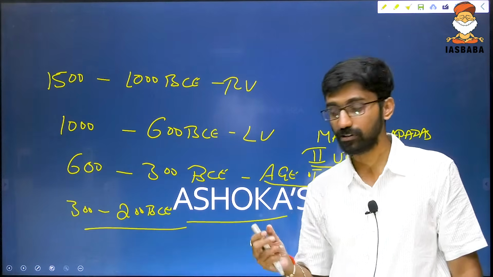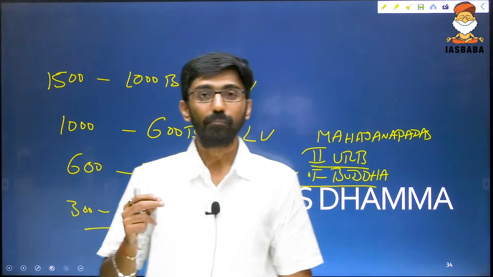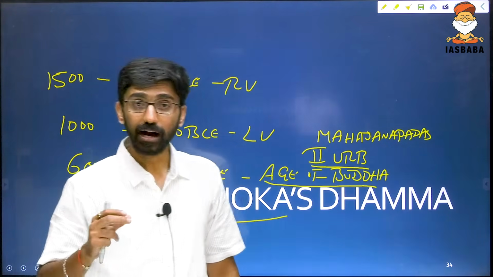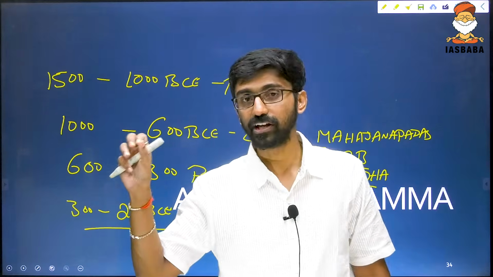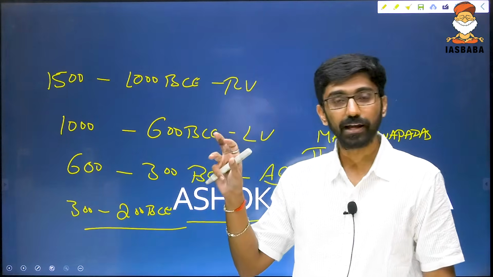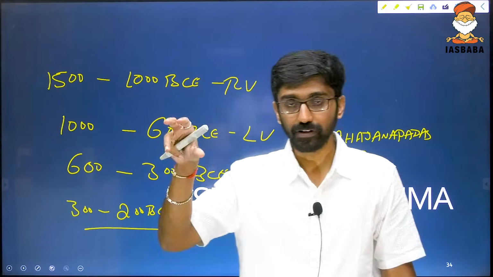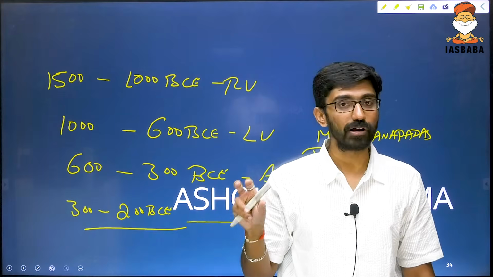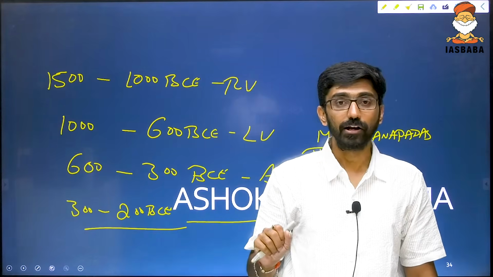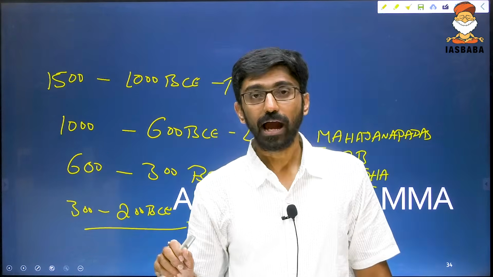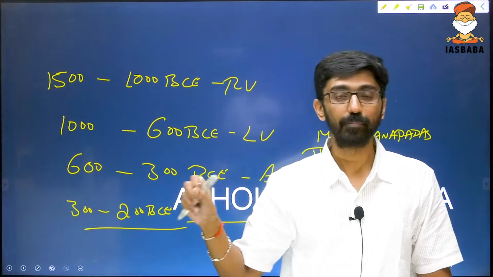At the same time, as I told you, it was also the second urbanization time period. Cities were growing, merchant life was increasing, agriculture was growing rapidly, especially in the Gangetic Valley, because we talk about dynasties like the Magadhan Empire. Of course, the Mauryan Empire is also a Magadhan Empire, because it was in the Magadha region that the Mauryan Empire got consolidated. Many other dynasties were emerging, and all those dynasties were consolidated into the Mauryan Empire.